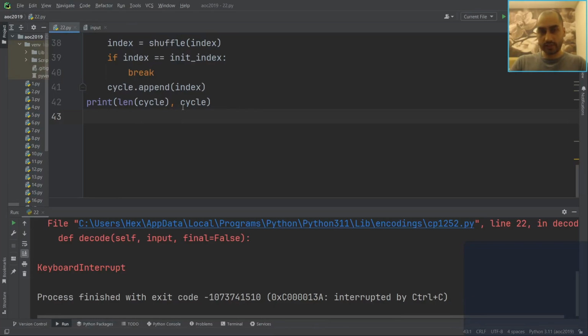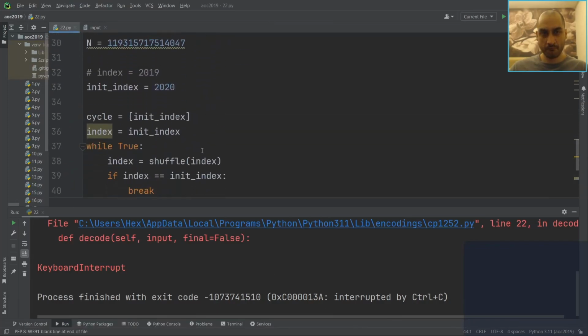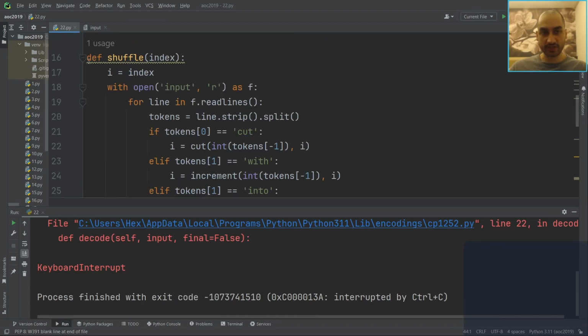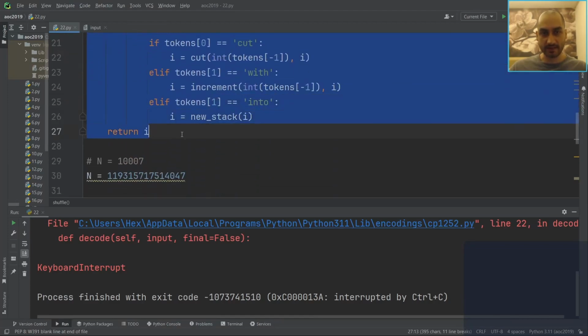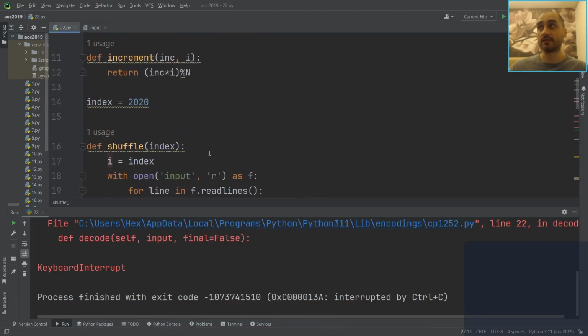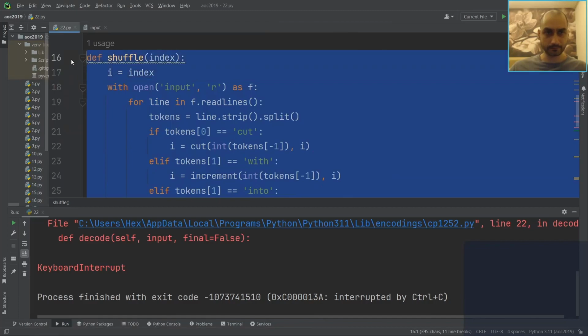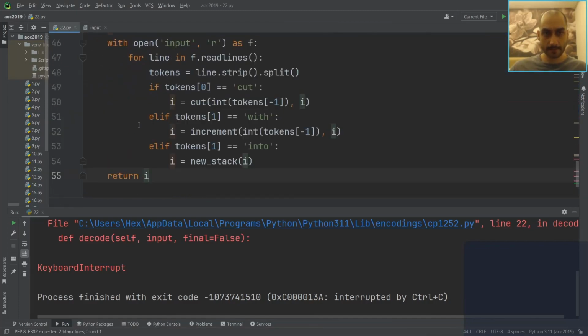All right, I think we want to work out what the inverse shuffle is. If we know what the shuffle is, we can just do every step backwards, I suppose. I mean, you can also just take your permutation and, well, let's try this.